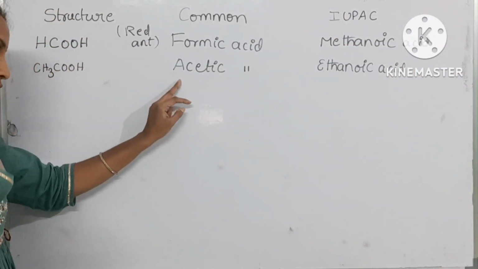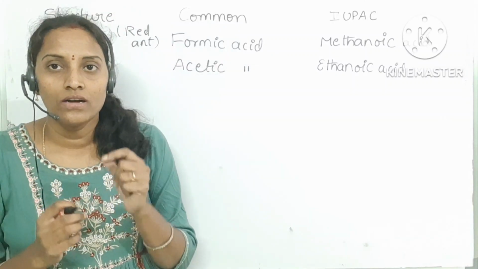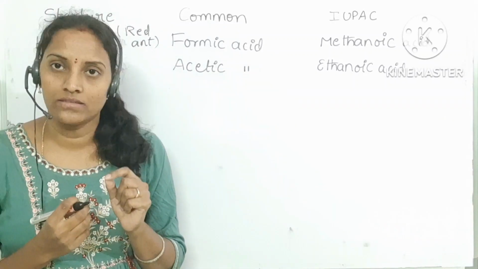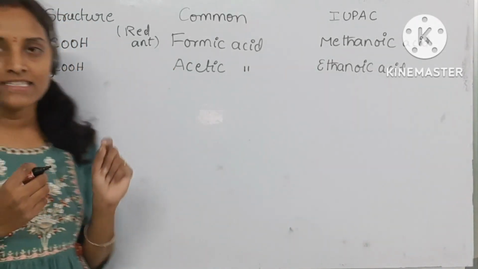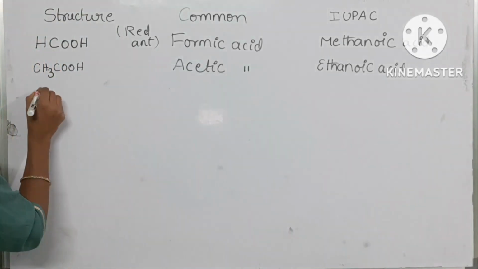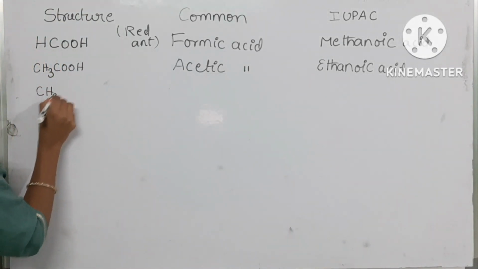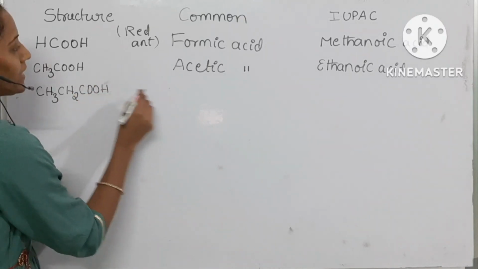Acetic acid comes from vinegar. In Latin, vinegar is acetum, so it was named acetic acid. Next one is propionic acid.